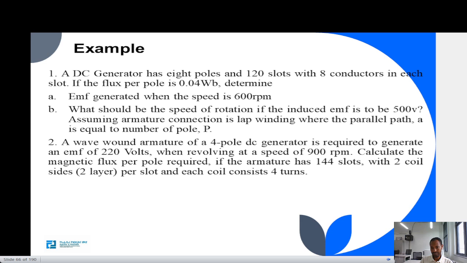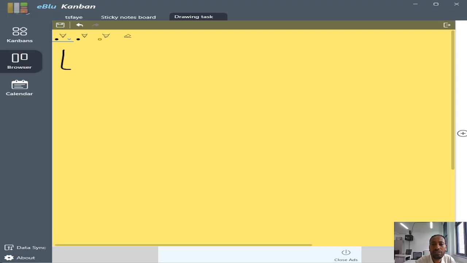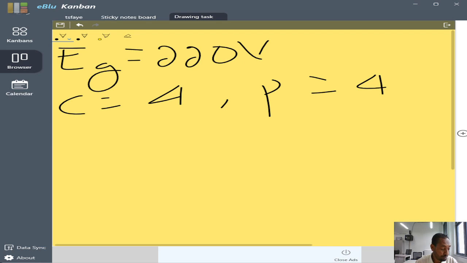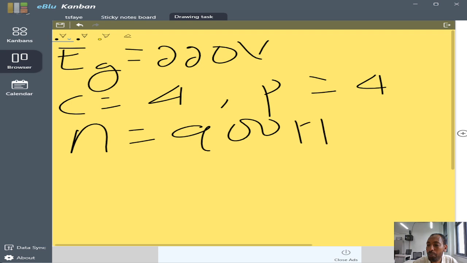Now, what are the givens? The internal generated voltage EG is given. How much is EG? It is 220 volts. The coil is given, 4 turns. The machine has 4 poles. The speed is 900 RPM.